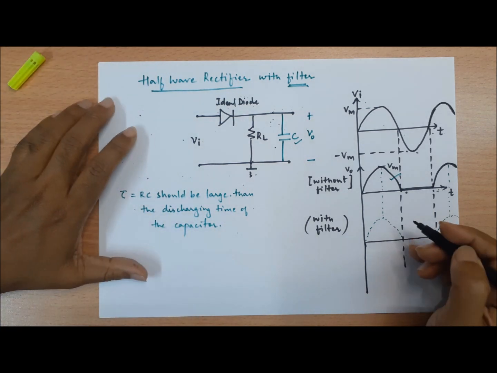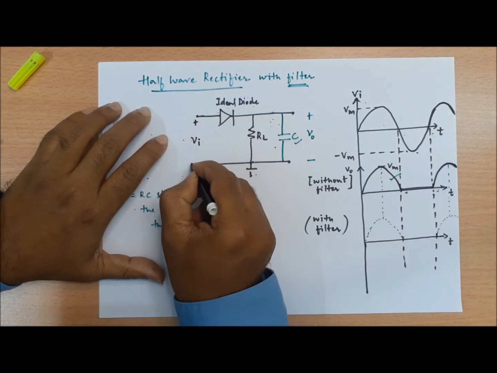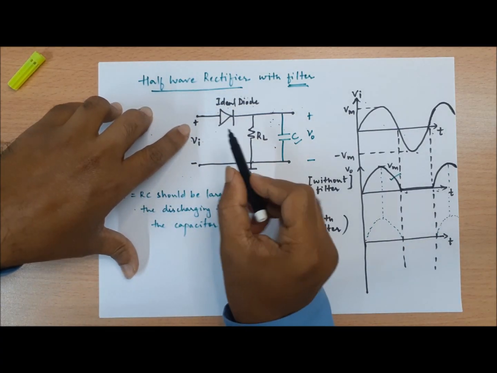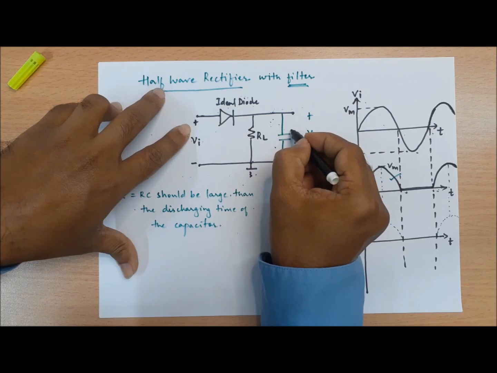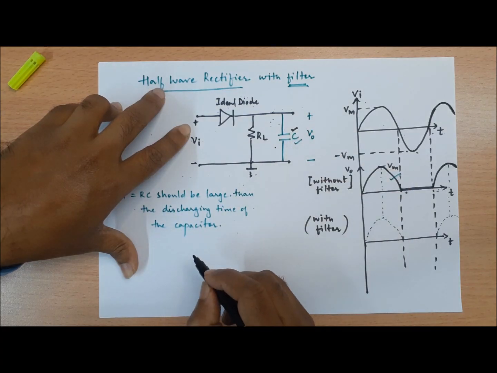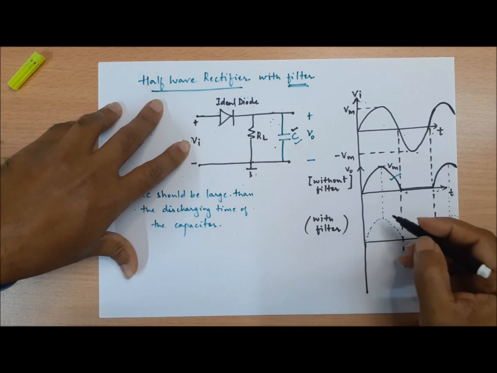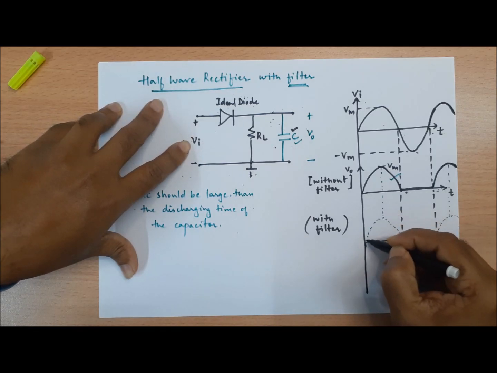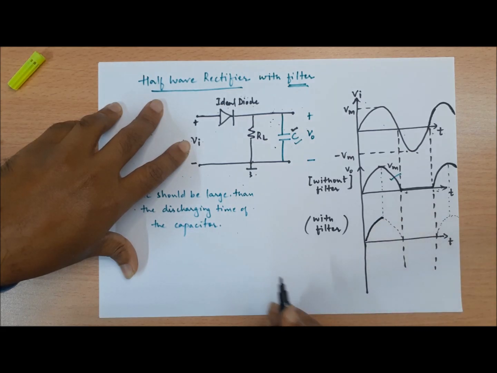Initially, during the positive half cycle, the diode conducts, and the capacitor gets charged to the maximum peak value of the input voltage, which is Vm. So initially this is how the output looks.